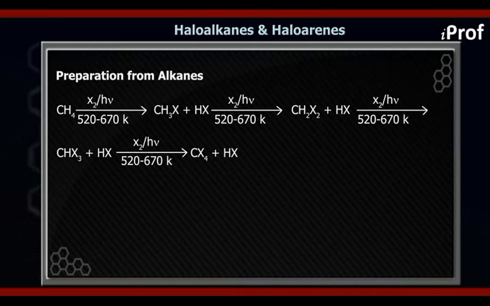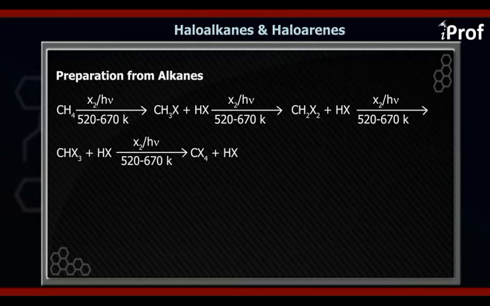That means if any of these conditions prevails in the reaction, that is either heat or light or electricity or peroxide, then the reactant is bound to show a free radical mechanism. It can be either free radical substitution or free radical addition. That all depends upon the type of the raw material. If the raw material is an alkane, then it will undergo free radical substitution. If the raw material is an alkene, then it will undergo a free radical addition reaction.